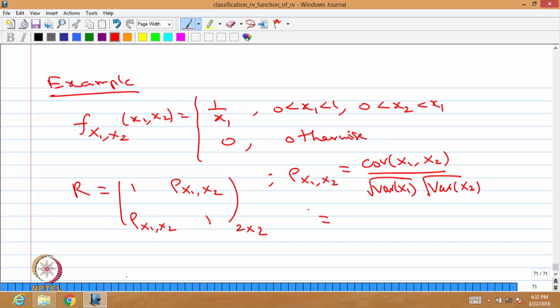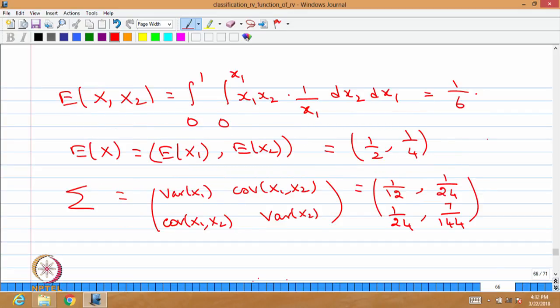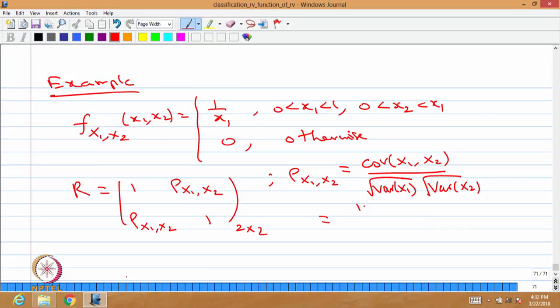So, we already got the covariance of x1 with x2, that is 1 divided by 24. Therefore, it is 1 divided by 24 divided by the square root of variance of x1, which is 1 divided by 12, times the square root of variance of x2, which is 7 divided by 144.